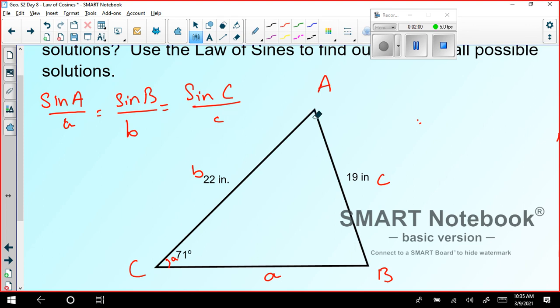I don't have the value of angle A, so just leave sine A over a, but I don't have the value of a as well. Let's see if I have the value of b. I don't have the value of angle B, but I have side b, which is 22. Angle C is 71 degrees, and side c is just 90.